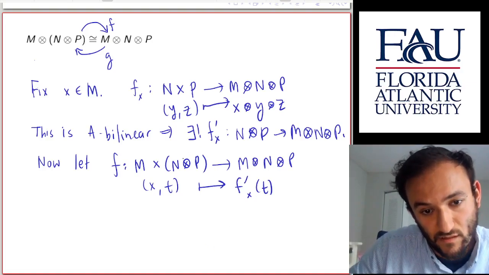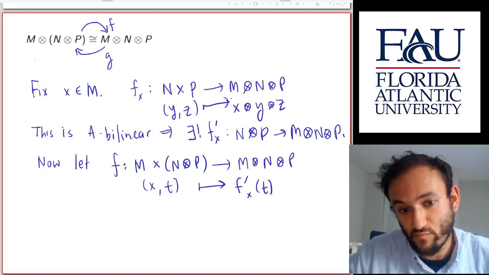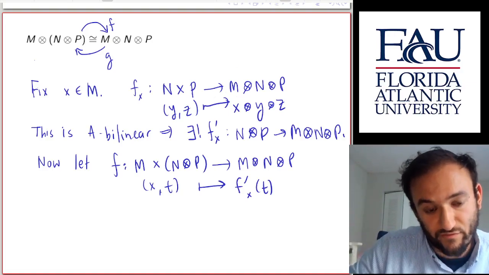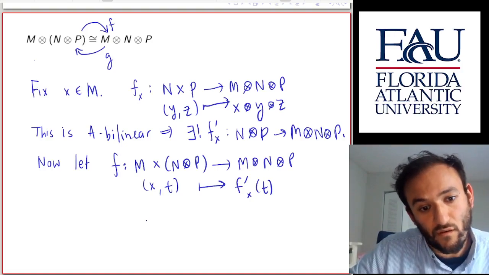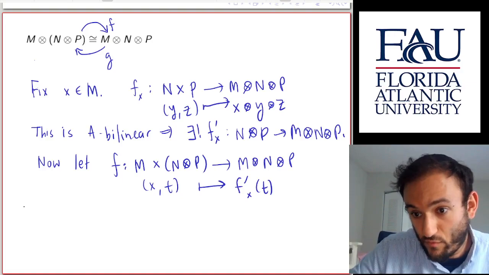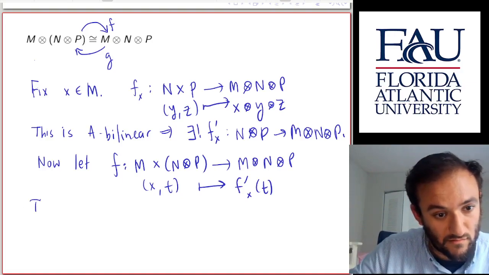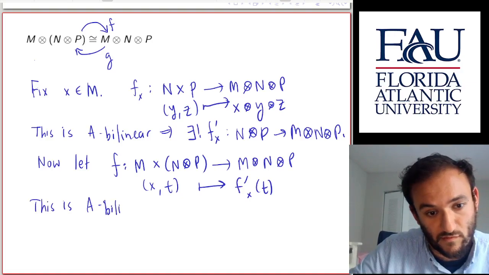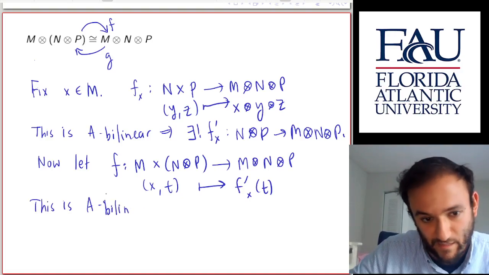Because f_x prime maps N tensor P to M tensor N tensor P, and so this is perfectly well defined. And we also note that this is bilinear in both coordinates.